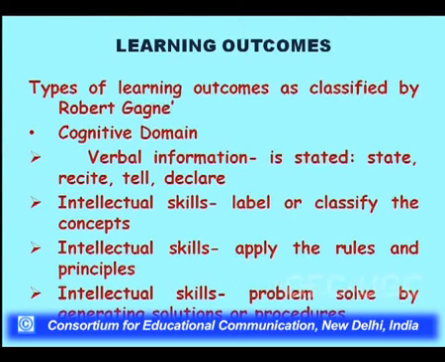So according to him, if the learner is able to state the information given to him as you have presented it, if he is able to recite the same thing or tell it, then this will be a learning outcome in terms of the cognitive domain. Then come the intellectual skills. Now intellectual skills are basically related to concepts.